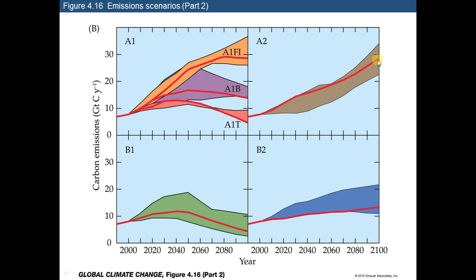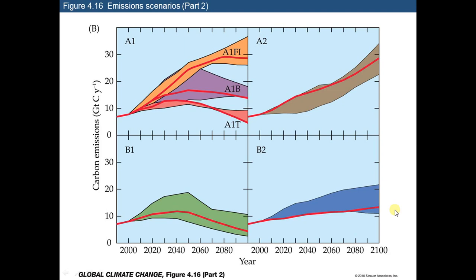Okay, they don't stop and then level off or start to decrease. But even though they level off, they don't get quite as high as A1FI by the end of the 21st century. B1 has emissions slowly increasing, not by much, just a little bit by the middle part of the 21st century, and then leveling off. Okay, a significant decrease for decades. B2, slow increase, but still relatively low emissions by 2100.